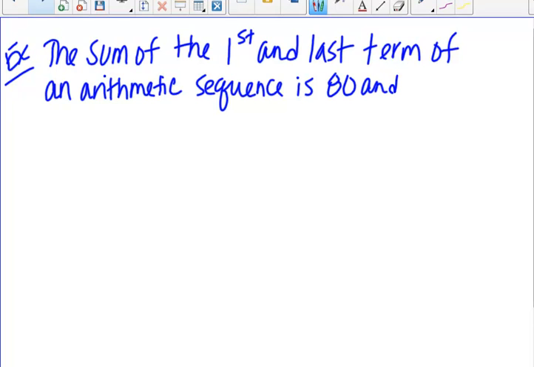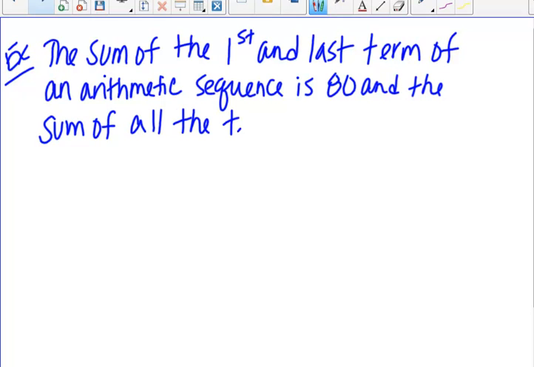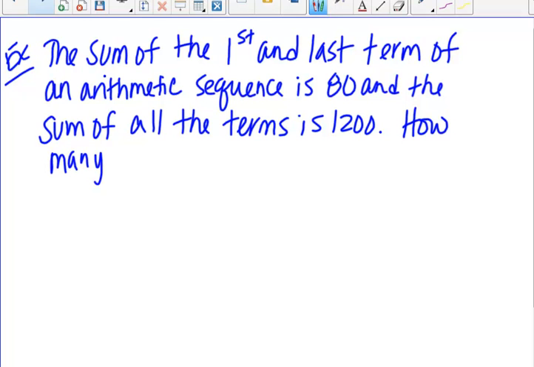And the sum of all the terms is 1200. How many terms are there?